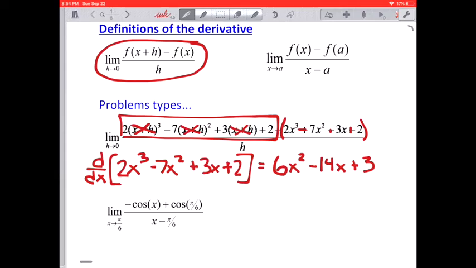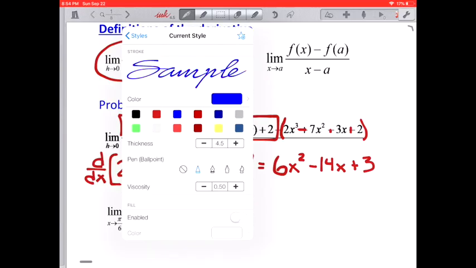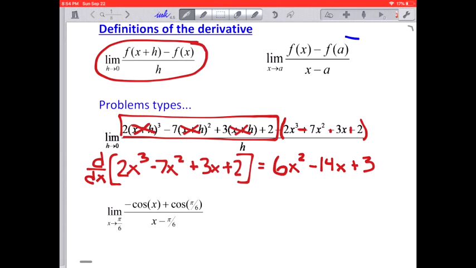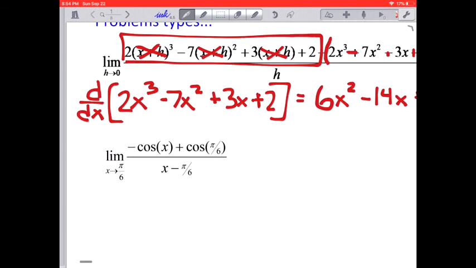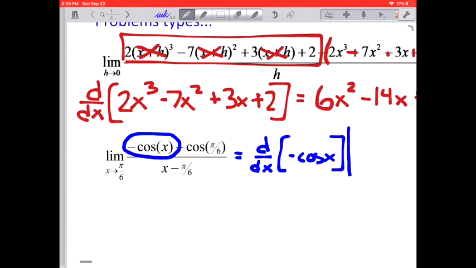So another problem we might see is one like the one at the bottom, which ties back to the other definition of the derivative, which is as x goes to a, of f of x minus f of a all over x minus a. Now we can see in this particular problem we actually have a value of a, and we can very readily see what we're taking the derivative of. So we are computing the derivative of the negative cosine of x, and we are going to evaluate that, you'll see me use that bar a lot this year, at x equals pi over 6.